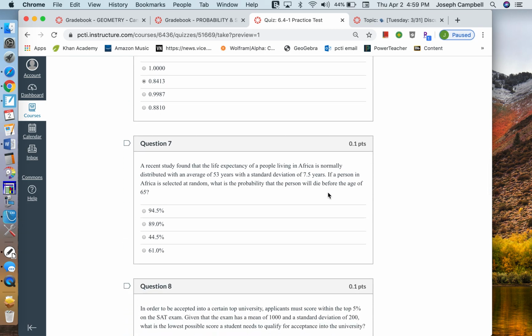A recent study found the life expectancy of people living in Africa is normally distributed with an average of 53, standard deviation 7.5. A person is selected at random. What's the probability that the person will die before the age of 65? So it looks like a normal distribution calculation again, exactly the same. I guess I'll do it.